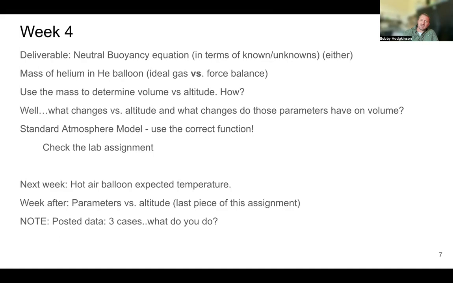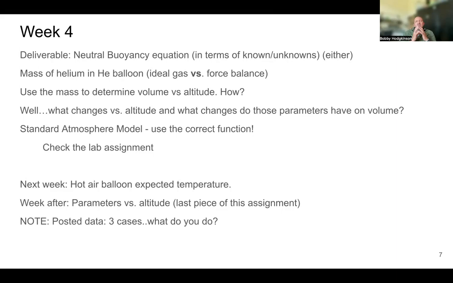One thing that I do want to clarify with the helium balloon specifically is we're asking you to draw a comparison between the amount of helium calculated just using the ideal gas law. So imagine we have some volume of space and it's filled with helium at a certain pressure and temperature. How much mass has to be in that volume just based on the ideal gas law?